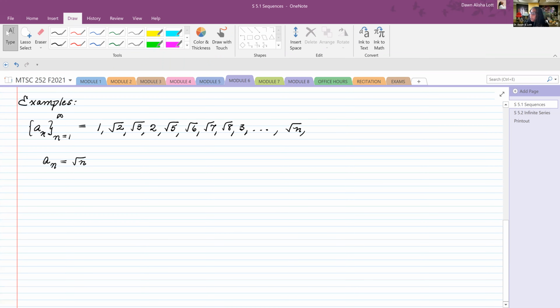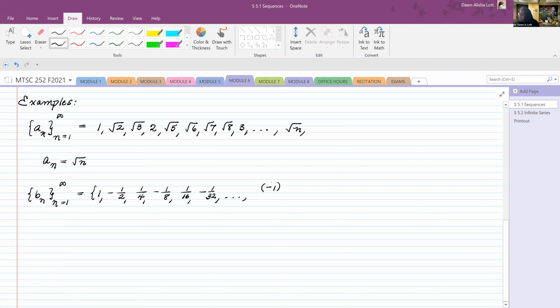All right, sequence b_n, n equals 1 to infinity, and this is the sequence 1, negative 1/2, 1/4, negative 1/8, 1/16, negative 1/32. So we figure out that the nth term in the sequence, well, it alternates, so it definitely multiplies by -1.